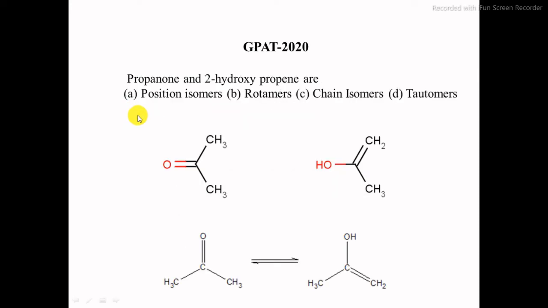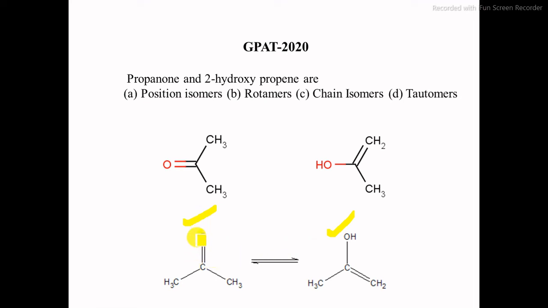Now coming to the fifth question, which came in GPAT 2020. Propanone and 2-hydroxypropene are position isomers, rotamers, chain isomers or tautomers? This is our propanone, and this is 2-hydroxypropene. Propanone and 2-hydroxypropene are both in dynamic equilibrium with each other.